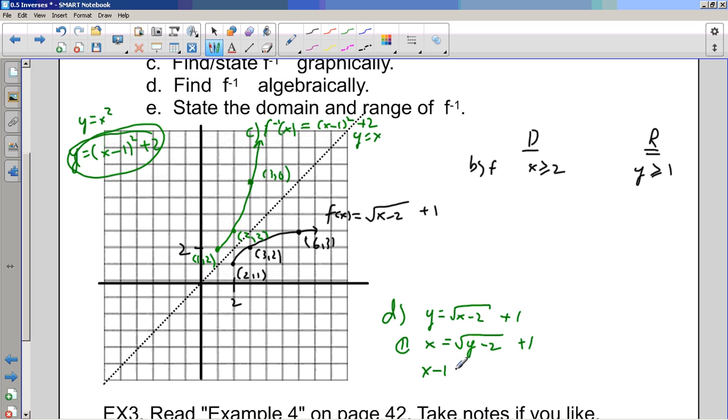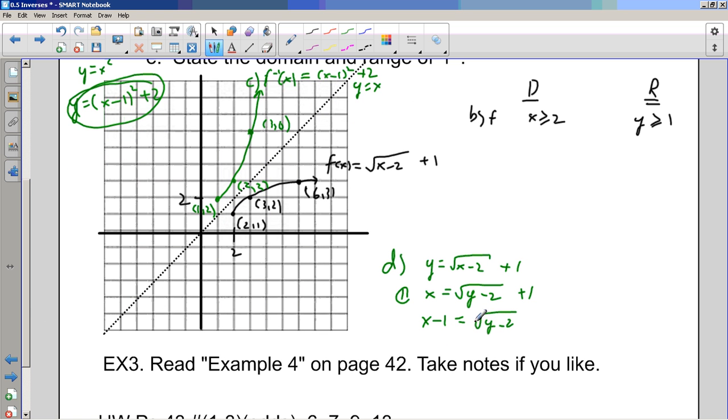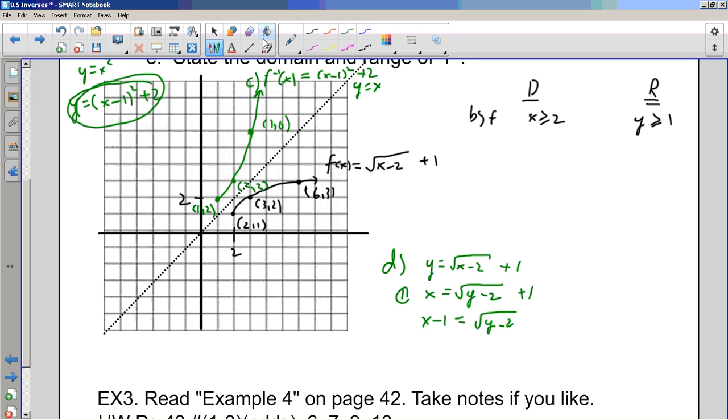Subtract 1. How do I get rid of a square? I square root. Or how do I get rid of a square root? I square. Move that down for a second. So that becomes y minus 2, and then add 2 finally. And there's my inverse graph.